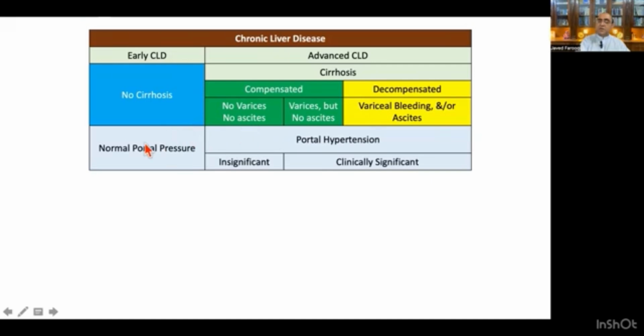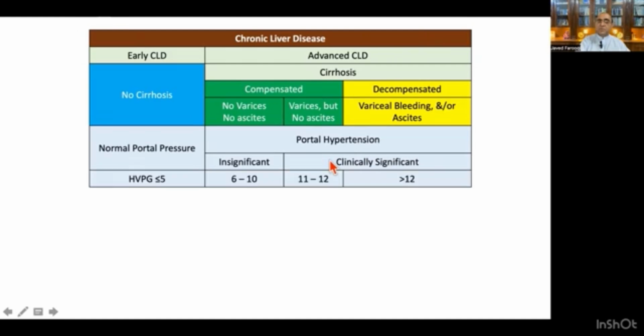And this is because of the portal pressure. In the non-cirrhotic patient, there is normal portal pressure, and cirrhosis is characterized by portal hypertension. In the first phase of compensated cirrhosis, there is insignificant portal hypertension, while in the second phase of compensated cirrhosis and in decompensated cirrhosis, there is clinically significant portal hypertension.